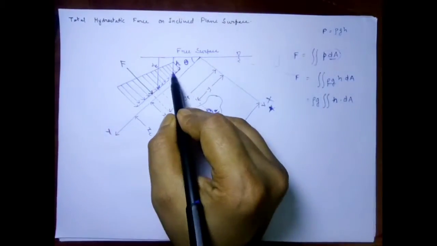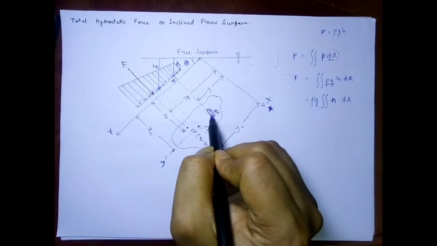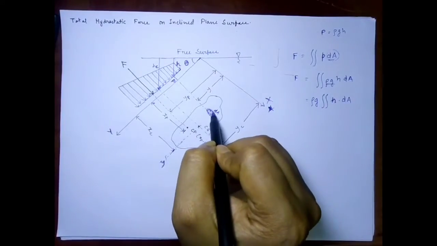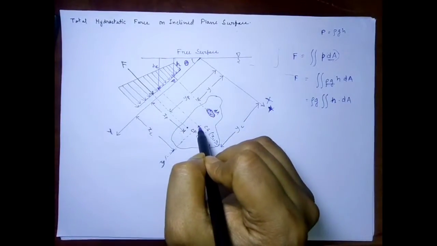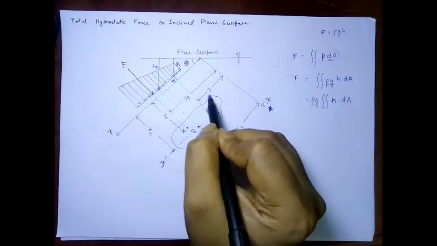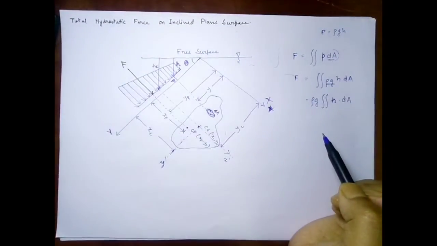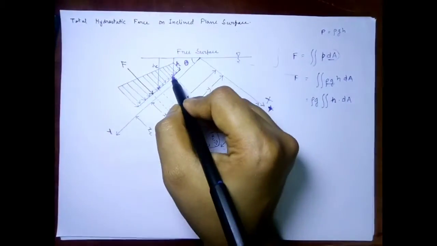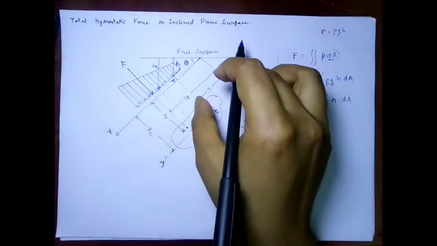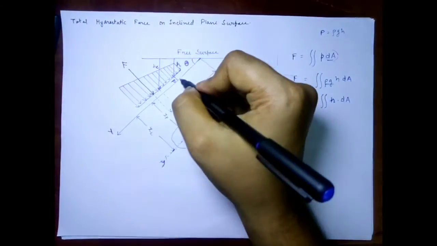Make sure that h is the depth of the center of gravity of this particular dA, and hc is the depth of the center of gravity of the whole body. This particular length is again y.